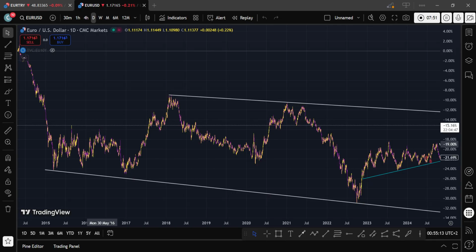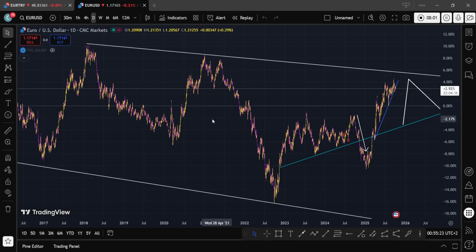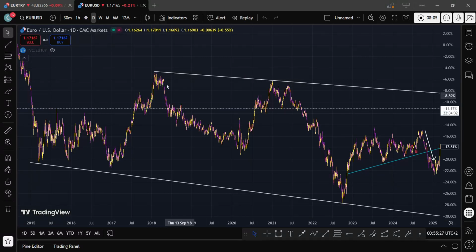It is actually more manipulated than those indexes, your Nasdaq and the other indexes, US 30, German 30.